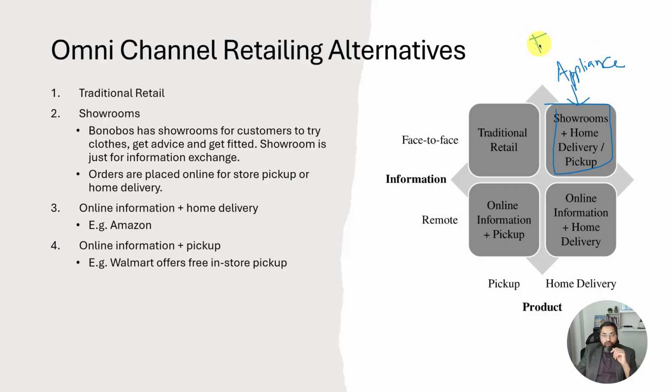So furniture and appliances will often do this, especially furniture. You go to a showroom, you sit on the sofa, you check it, you choose your fabric. Then in the distribution center or warehouse, they put the fabric on your sofa and then they take it to your home on a truck and put it inside your home. Okay. So these are all examples of omni-channel, and a company may be doing one or more of these 4 boxes.